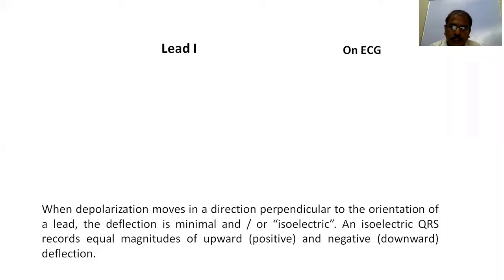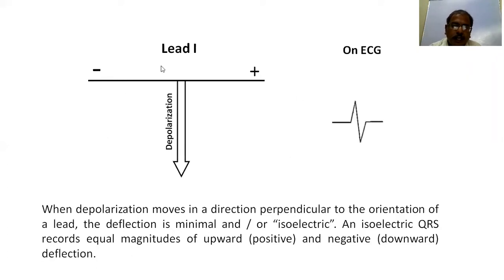Let us see lead 1, and what happens? This is depolarization moving horizontally. So this, against this, if you see perpendicular to this, the depolarization is on this side. So how will this be recorded?